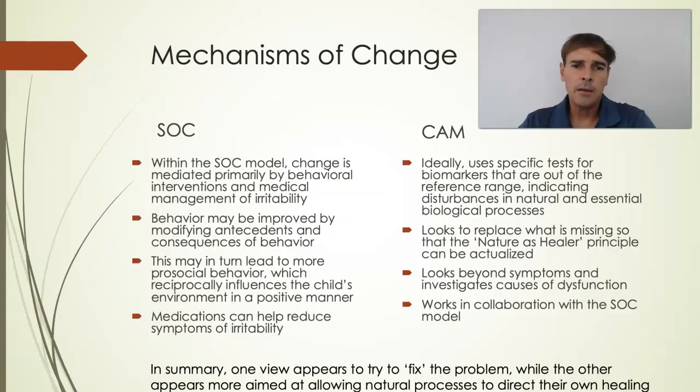So in terms of the mechanisms of change, the standard of care model posits that it's mediated primarily by behavioral intervention and medical management of irritability. If your child is diagnosed with autism, you may be referred to applied behavior analysis, ABA behavior modification strategies, and a psychiatrist may work with you on prescription of some antipsychotic medication.